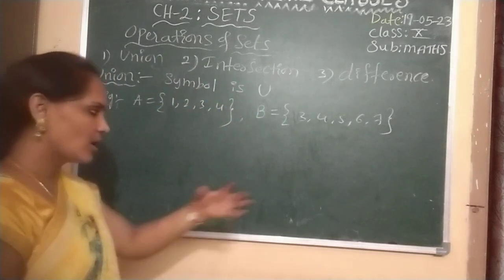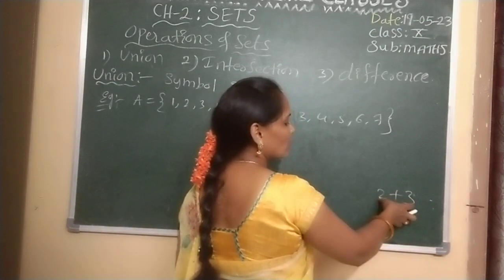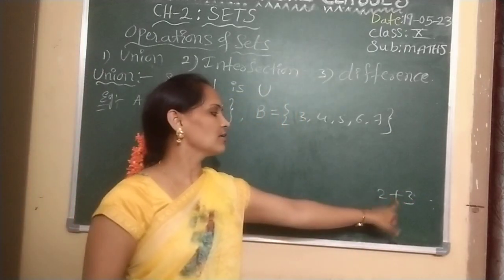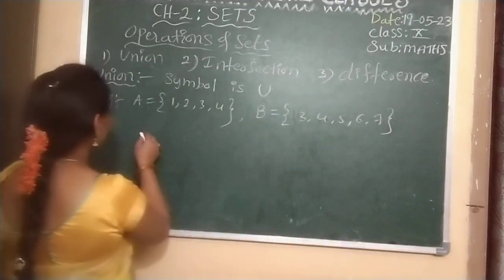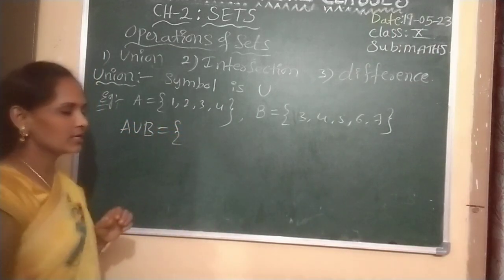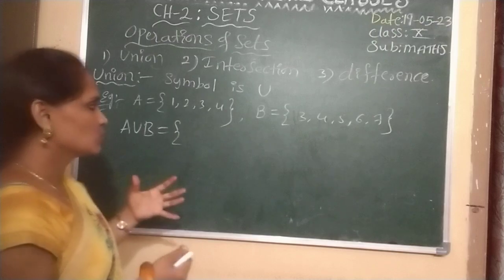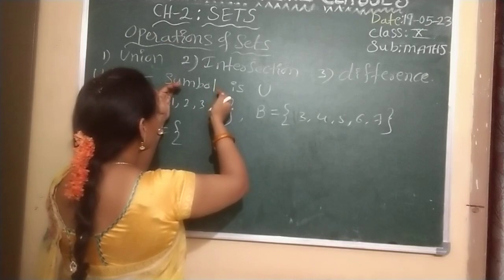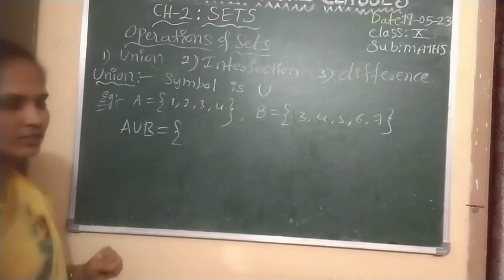Similar to normal numbers, where we can do an operation on two numbers, in a sense you can compare union to addition. So here I am taking A union B. Union means combined together. So the numbers in set A and the numbers in set B, both together you write in one set.